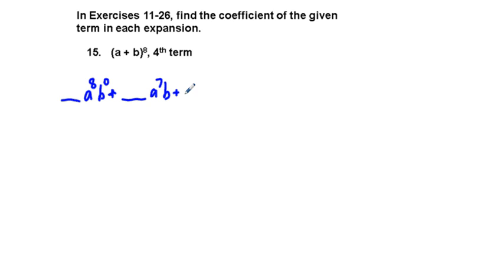Next, we have some coefficient a to the 6th, b squared. That's going to be our third term. Then the fourth term is some coefficient times a to the 5th, b to the 3rd power.